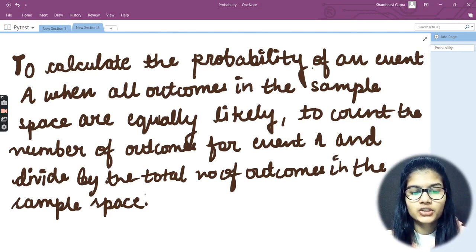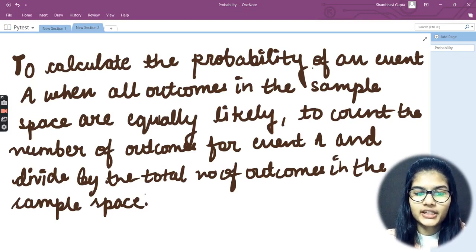Okay. So to calculate the probability of an event A where all the outcomes in the sample space are equally likely, count the number of outcomes for event A and divide by the total number of outcomes in the sample space. This is how you calculate the probability of an event when the outcomes in the sample space are equally likely.